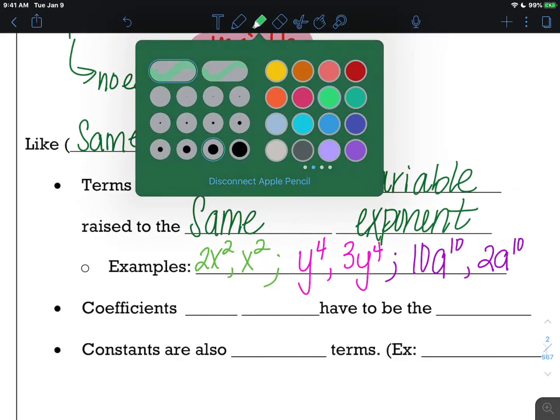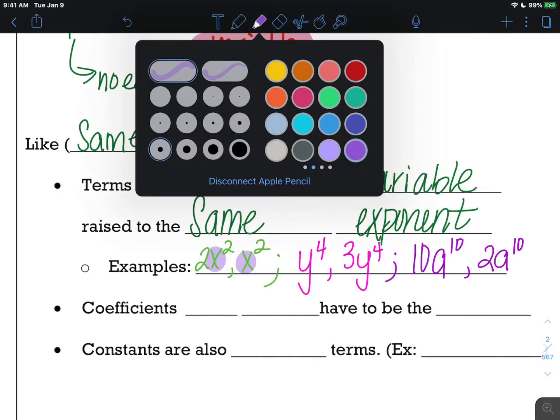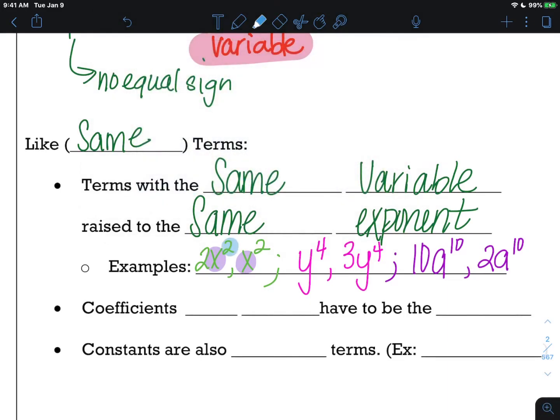Noticing the pattern here. So let's go through and make sure we understand that. They have the same base, the letter part, and they also have the same exponent, the number at the top.